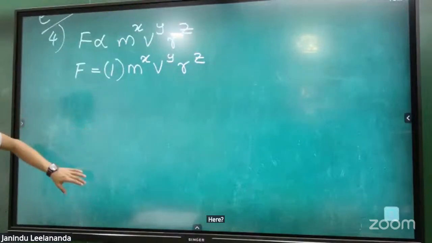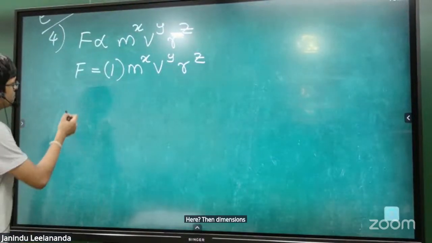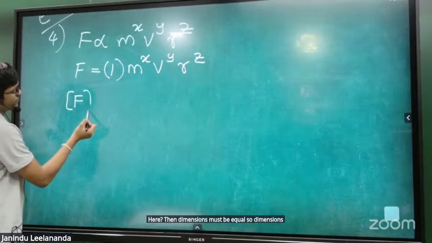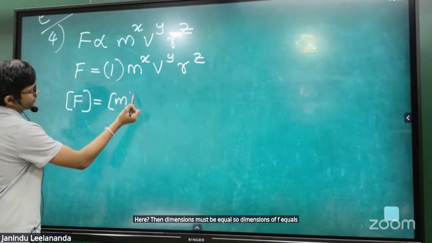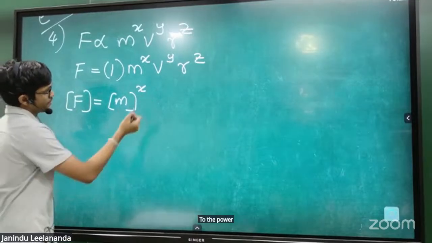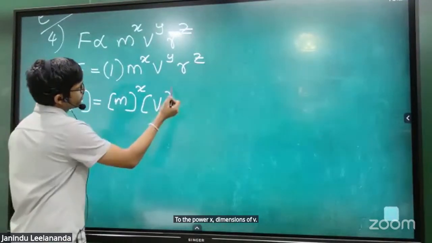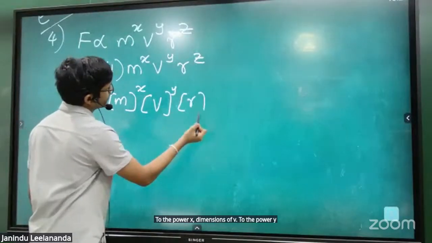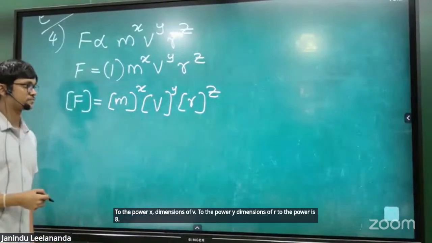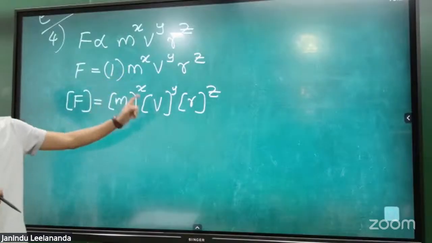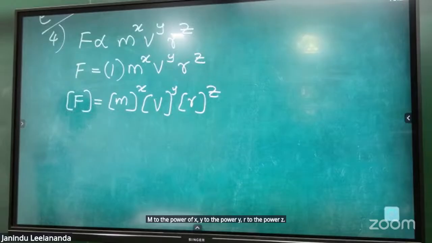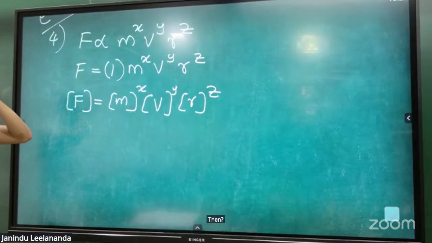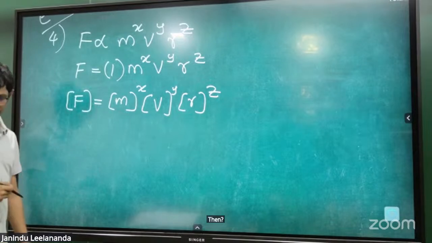Then dimensions must be equal. So dimensions of F equals dimensions of M to the power x, dimensions of V to the power y, dimensions of R to the power z. What is force?